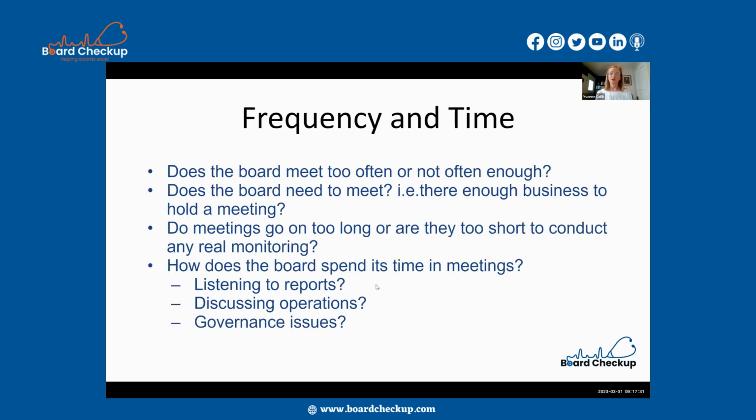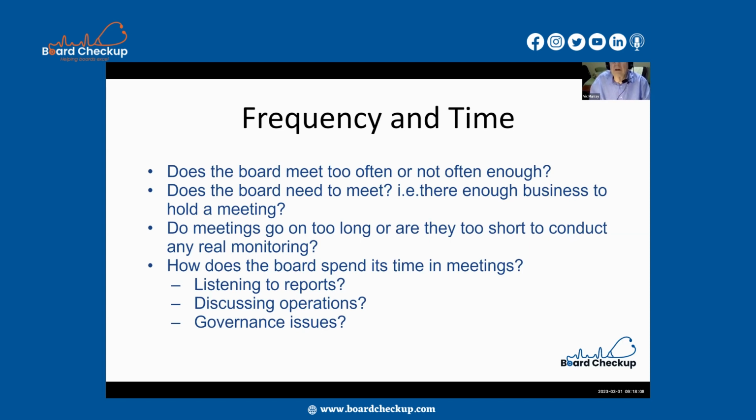So the frequency and time issue: does the board meet too often or not enough? Are there enough meetings to fulfill not just the fiduciary role, but the strategic governance role and general issues that come up? One indicator of the problem is that the agenda is too long and the meeting goes on and on past, say, 2 hours, 2.5 hours max.